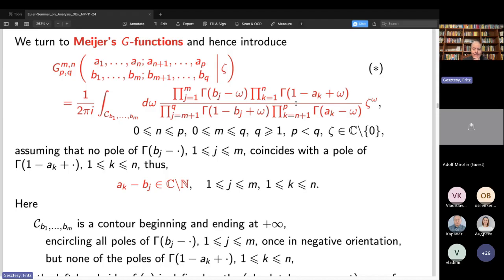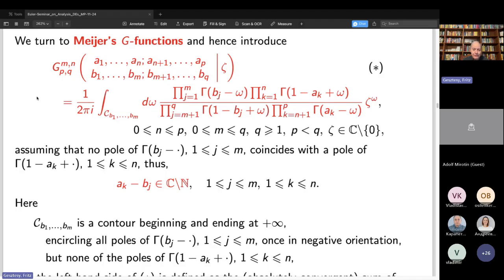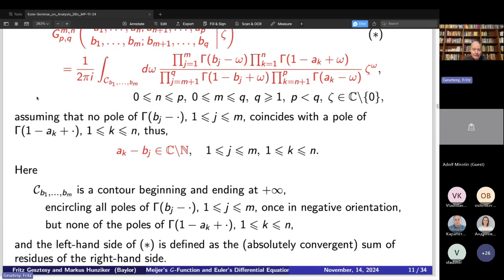So let me just remind you that 1 over gamma, so what you see in the denominator here, is of course an entire function, but it's the gamma itself that has poles at negative integers, including 0. All right, so this is a Mellin-Barnes type integral representation for Meijer's G function, if you want.